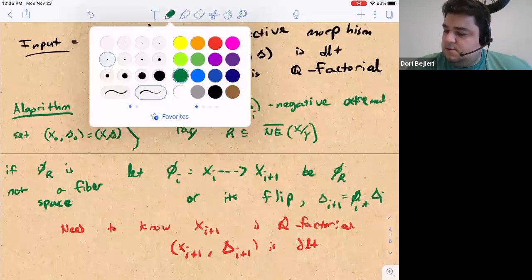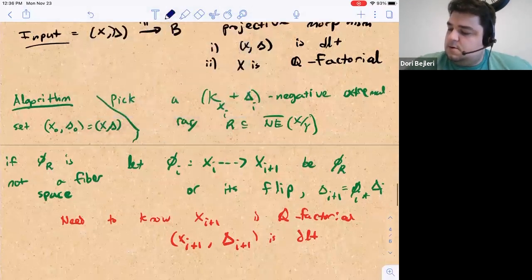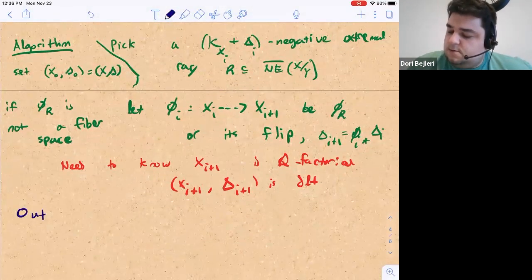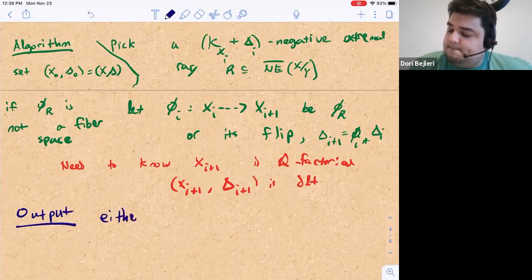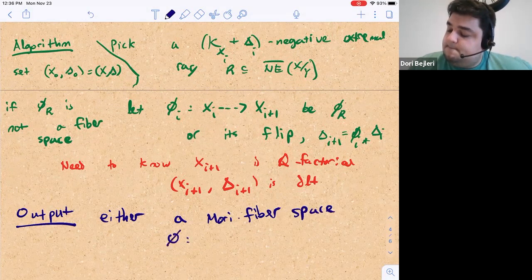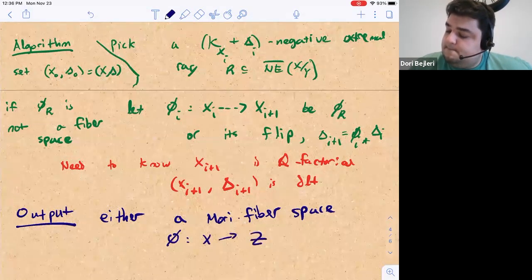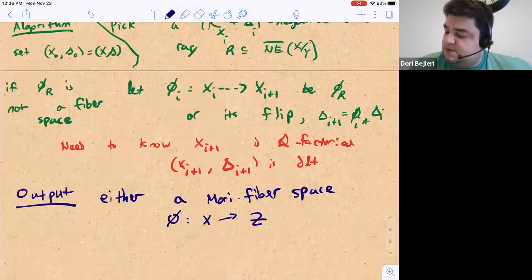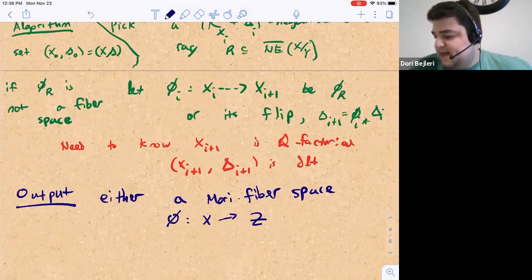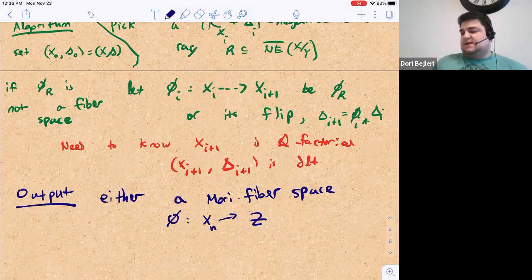So the output is either a Mori fiber space, or this log Fano fibration of Picard rank 1, and let me call it X_n for the last step in our program, assuming that it's finite.